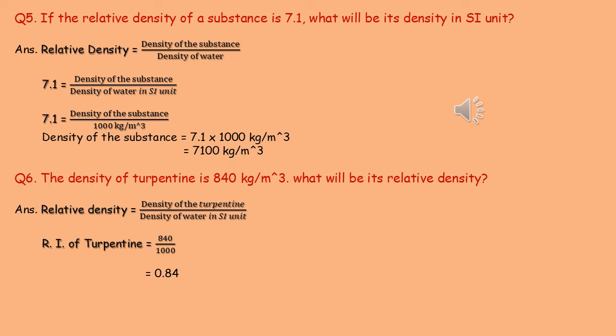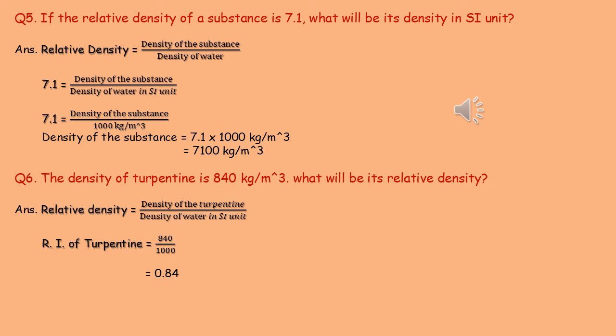So we are choosing the value 1000 kg per meter cube for density of water, not 1 gram per cc. So density of the substance will be obtained by cross multiplying 7.1 into 1000, that is 7100 kg per meter cube.